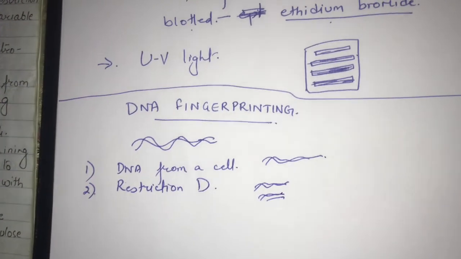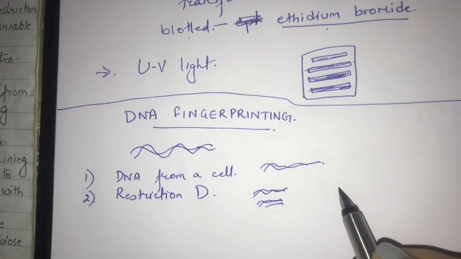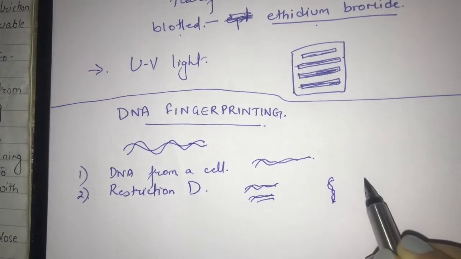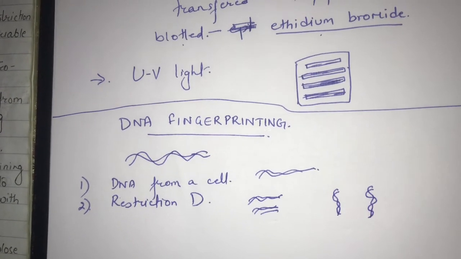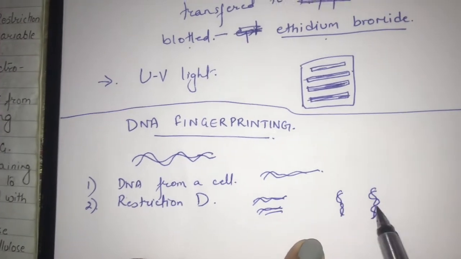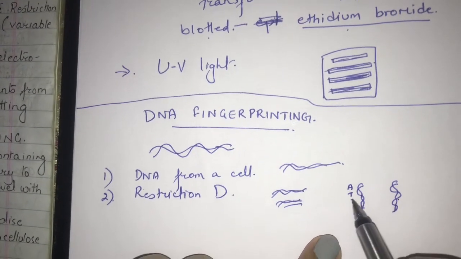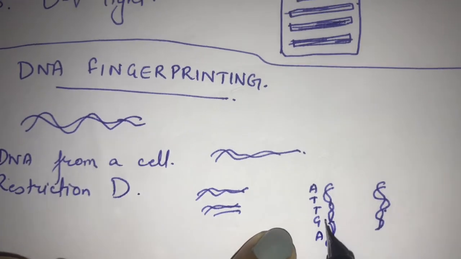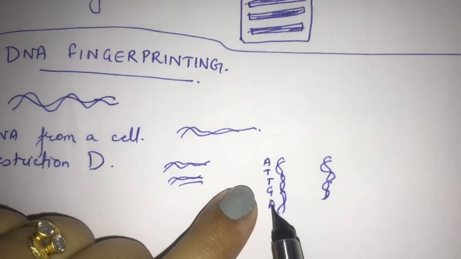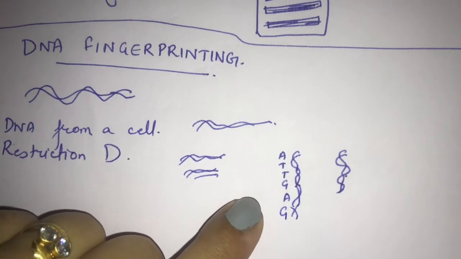Now, every individual has smaller fragments containing VNTR, that is variable number of tandem repeat. That means in the nucleotide sequence, suppose this is adenine, thymine, T, G, A, like that. Here you can see adenine is repeated, G is repeated, T is repeated.